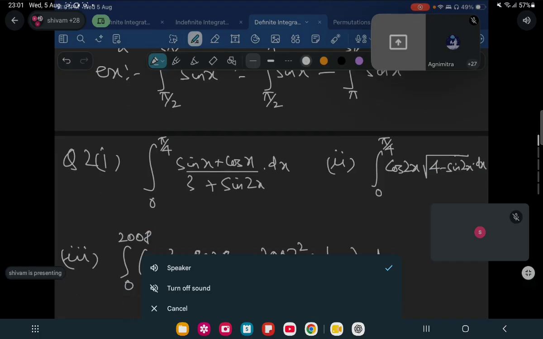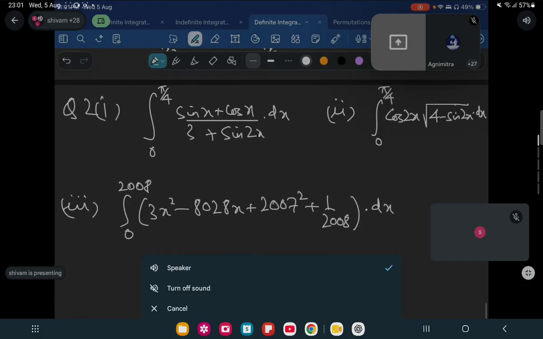Quickly solve. Part 4: integral from 2 to 4 of root over x square minus 4 upon x to the power 4, dot dx.